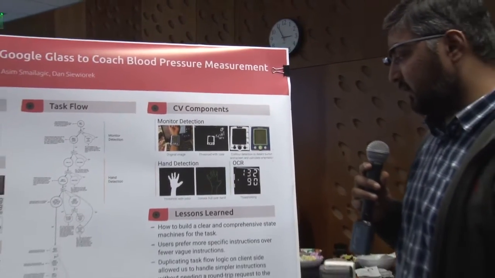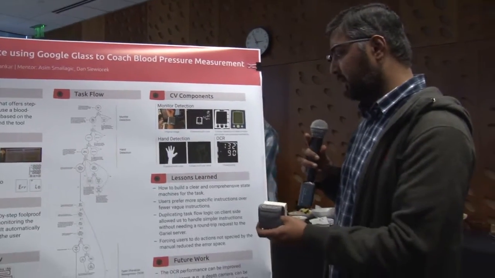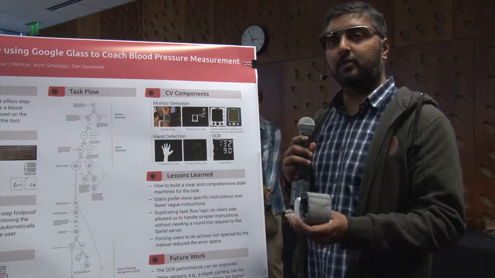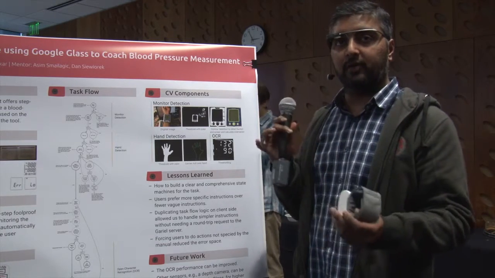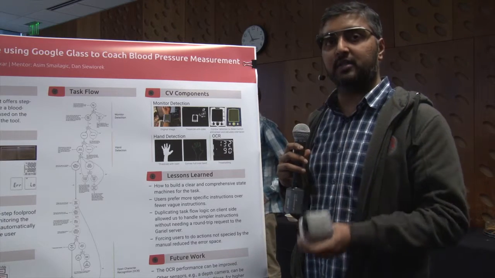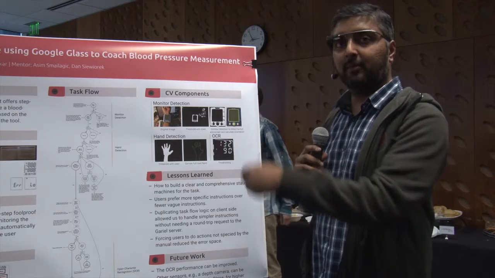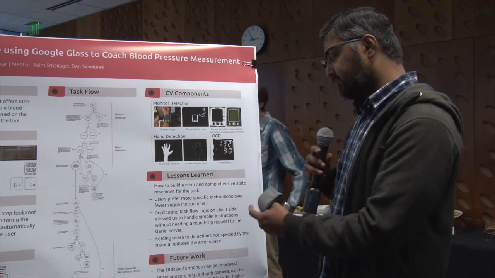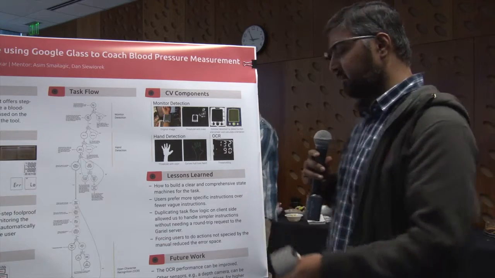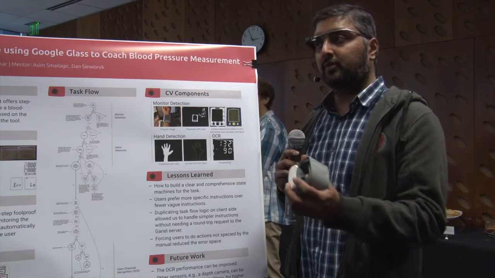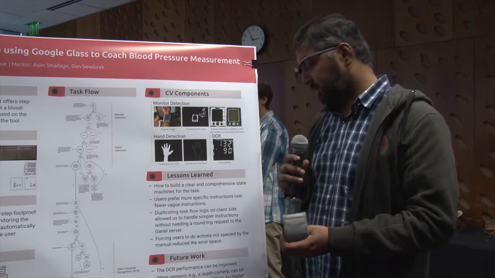Some of the lessons learned during this experience were that we were able to break a complete task flow of a complex exercise into discrete individual tasks, and we were able to implement that as a state machine in our system. Also, duplicating the task flow logic on the client side actually saved us some server-side requests.